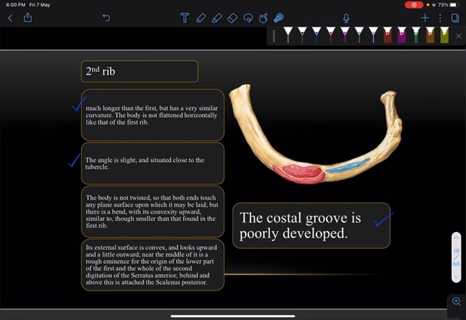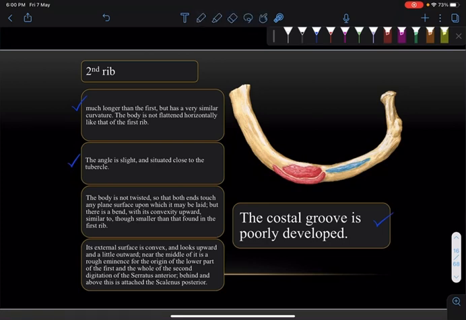Second rib. The second rib is much longer than the first but has a very similar curvature. The body is not flattened horizontally like the first rib, which we said is a flat bone.